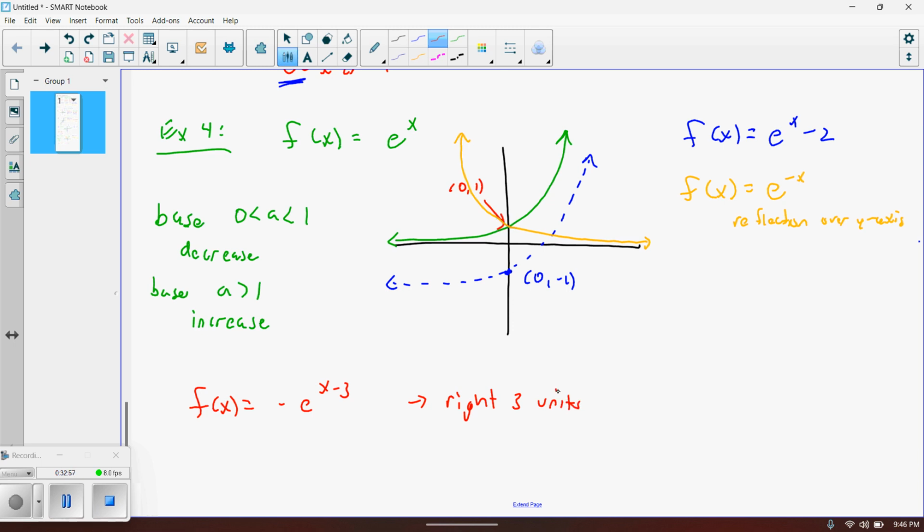And the negative out in front of the e means that we're multiplying the entire function by a negative value, which means that we are reflecting it over the x-axis. We are taking all the y values that normally would be positive and making them negative, or vice versa.